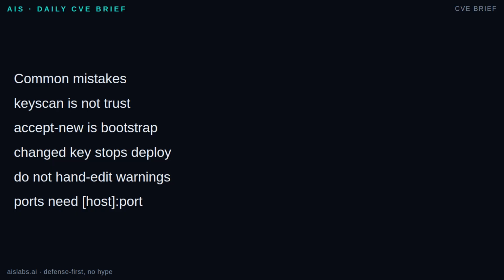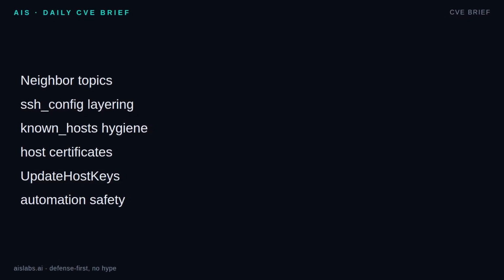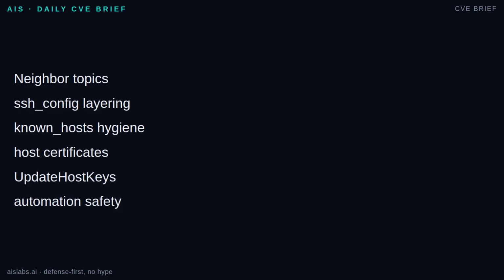For non-standard ports, remember known hosts uses bracketed host and port entries. This topic sits between basic SSH client use and serious fleet operations. Yesterday-level SSH works when one admin accepts one prompt. Practitioner-level SSH removes prompts from production without removing protection. UserKnownHostsFile lets each project carry its own trust roots instead of polluting a person's default known hosts.